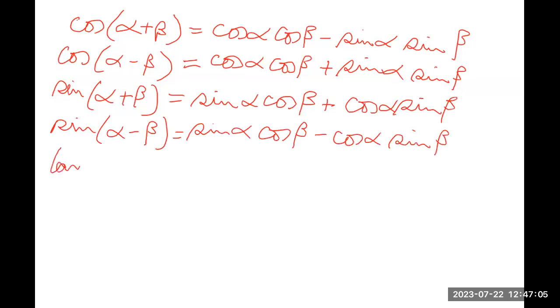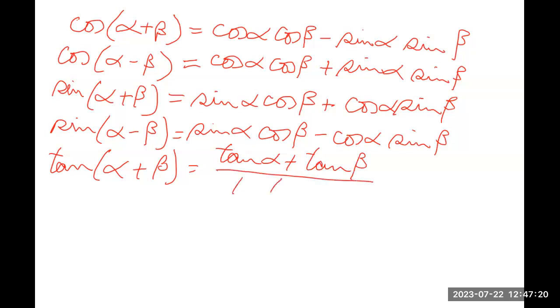Tangent of alpha plus beta is equal to tan alpha plus tan beta over 1 minus tan alpha tan beta.